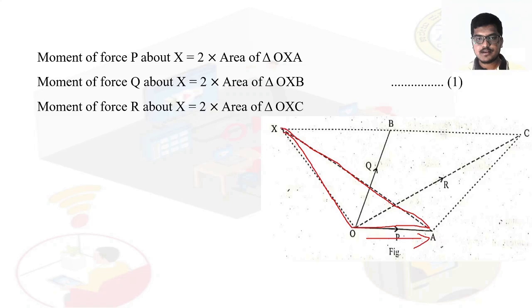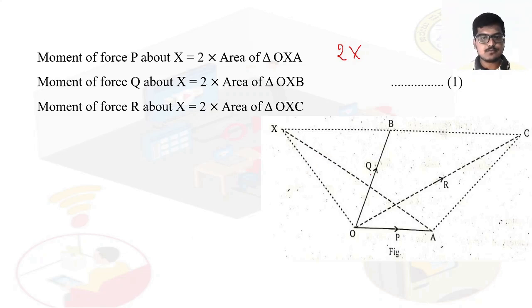Whenever we don't have the distance, we can use this concept. The moment of P about x is equal to 2 into the area of triangle OXA. If we multiply 2 into the area of this triangle, we get the moment of P about x. This is what we learnt in the last class. Okay, this is about P. Now what about Q?